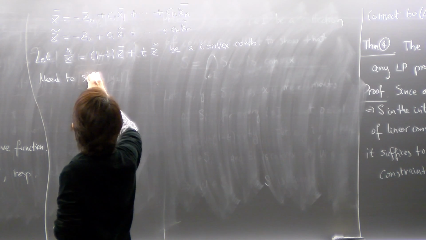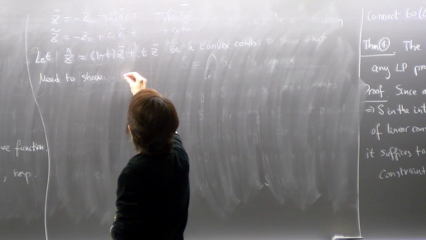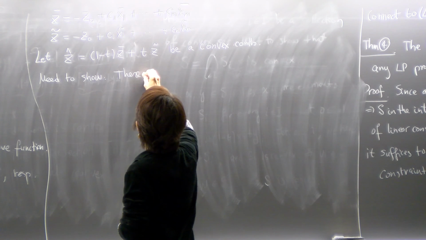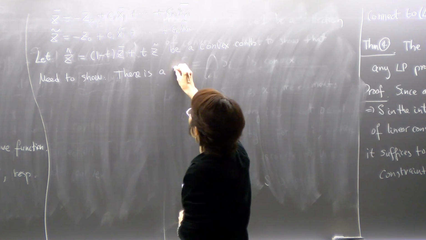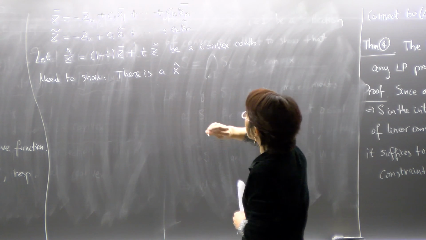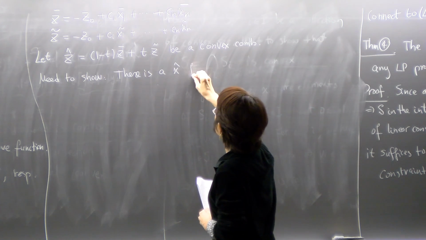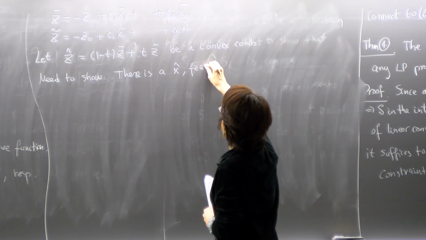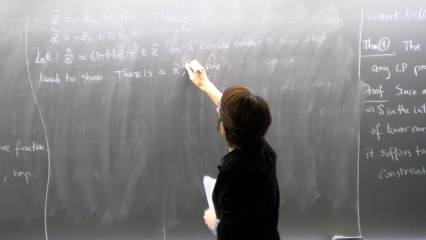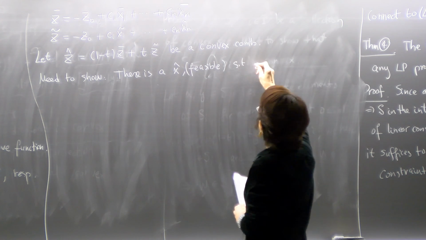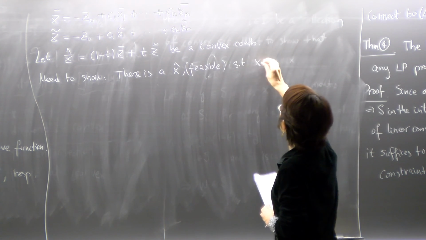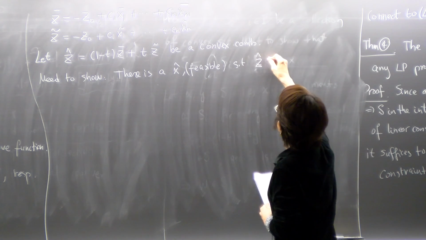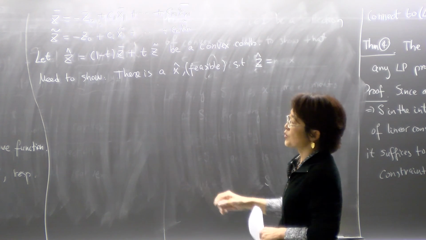Need to show that there is a point, let's call it x hat, in the feasible region, such that z hat equals the feasible solution value.